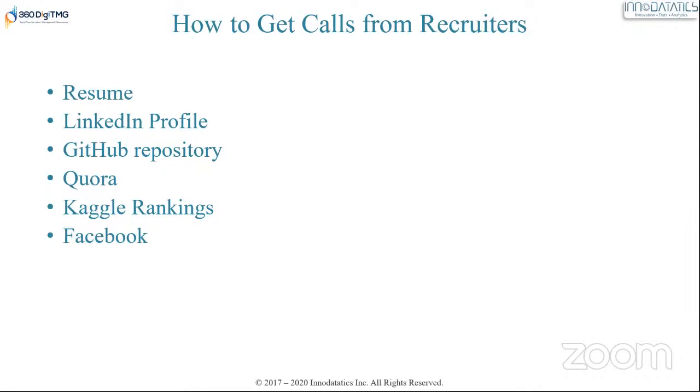Not everybody can get a big rank, but if you are capable of getting a big rank, then it is better to do that if you can do it. And then of course your presence on Facebook, and on most of the social media.